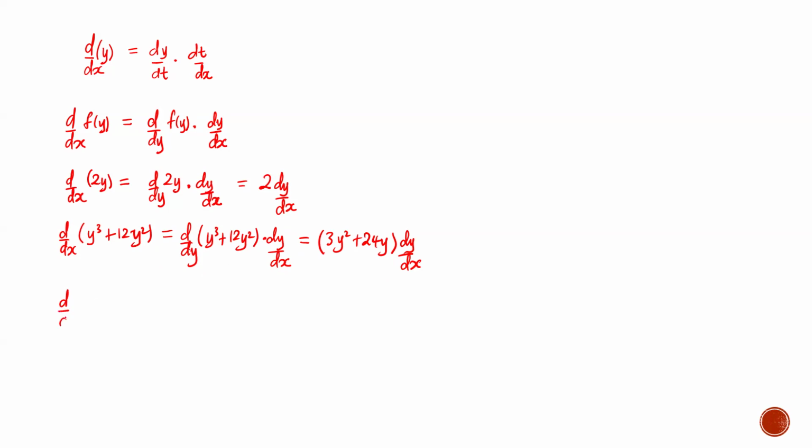Okay, how about for a product? Let's check this out for a product. Say we had the product xy, then we'd have to use the product rule. The product rule tells us that we take one of the functions and multiply it by the derivative of the other, and then add this to the vice versa of what we've just done.